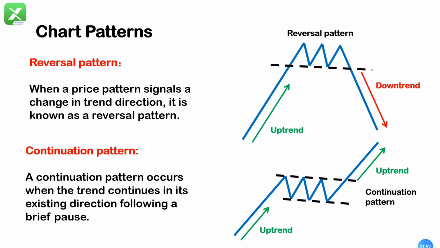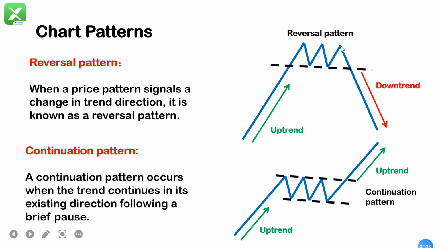For the reversal pattern, when the price pattern signals a change in trend direction, it is known as a reversal pattern. In the example here, the previous trend is an uptrend, right? Then the price moves in a consolidation area, and this area is the chart pattern.